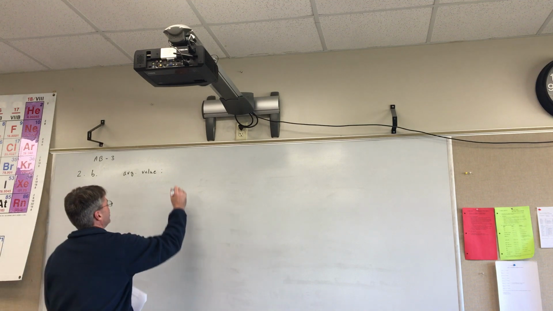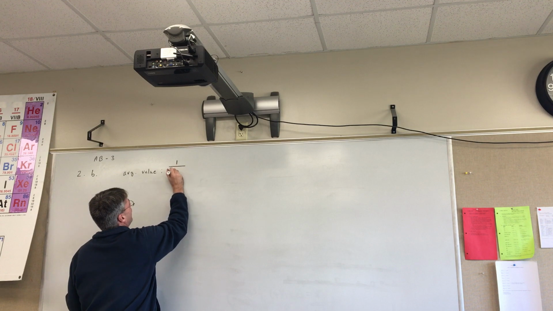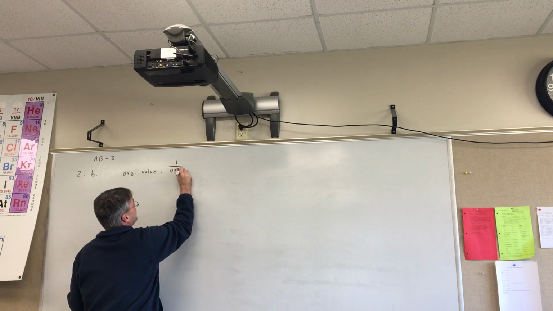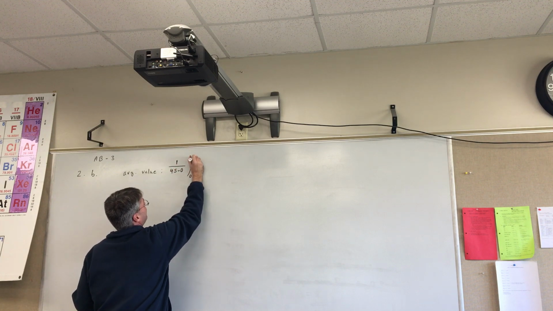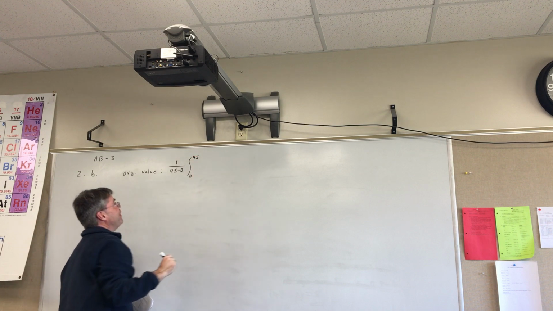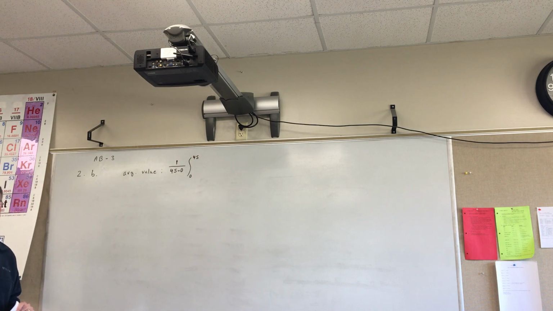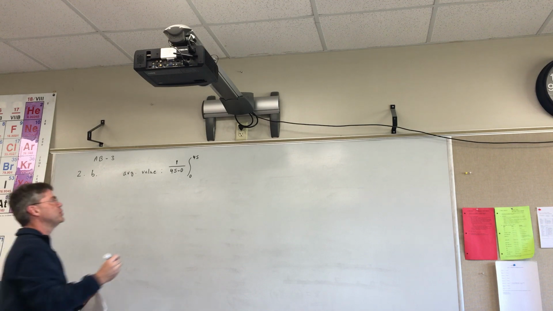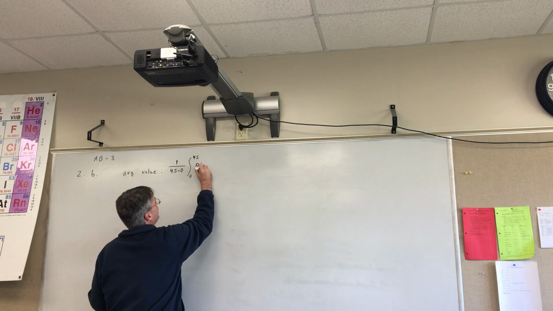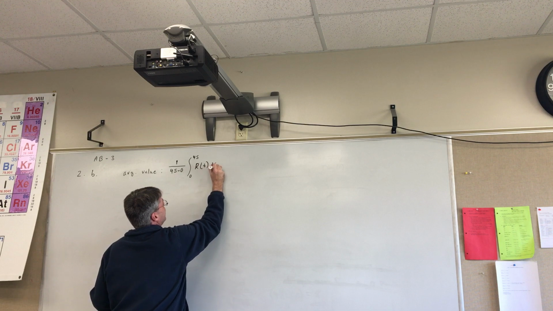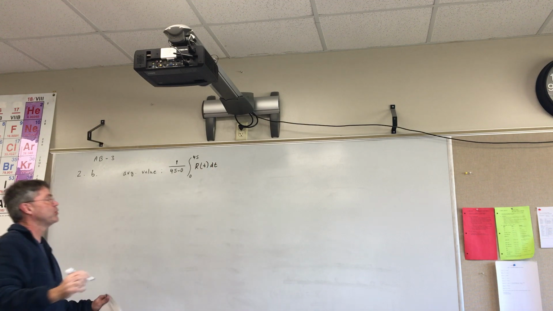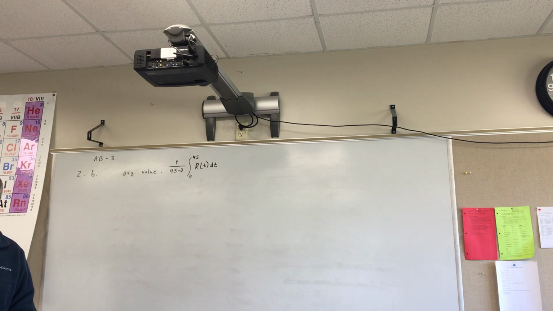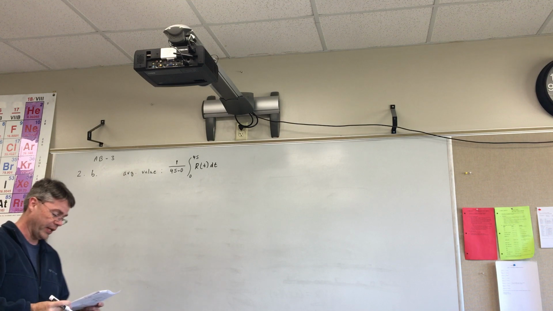Okay, but the average value is going to be 1 over 45 minus 0, times the integral from 0 to 45. And then on your test paper, you don't have to write in that function. You can just put R of t dt. You don't have to write all that out. You do have to type it all into your calculator though, right?